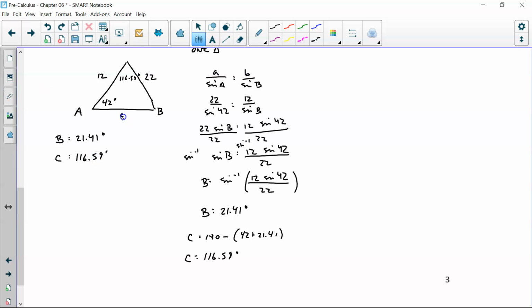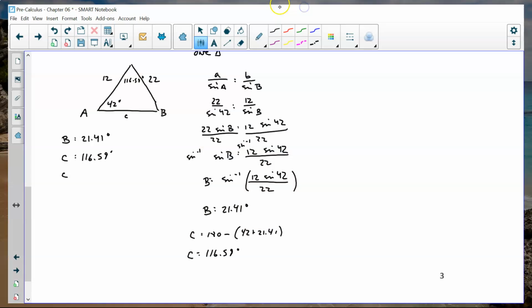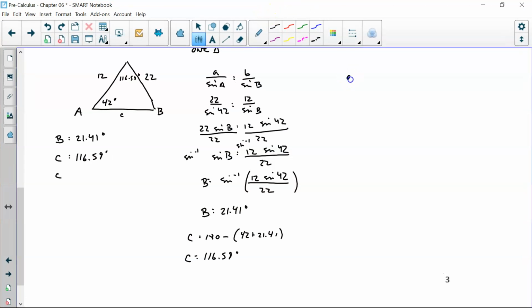Now we need to find the length of side C. We can still use our law of sines. A over the sine of A equals side C over the sine of C. So we have 22 over the sine of 42 equals C over the sine of 116.59. We can multiply both sides by the sine of 116.59.